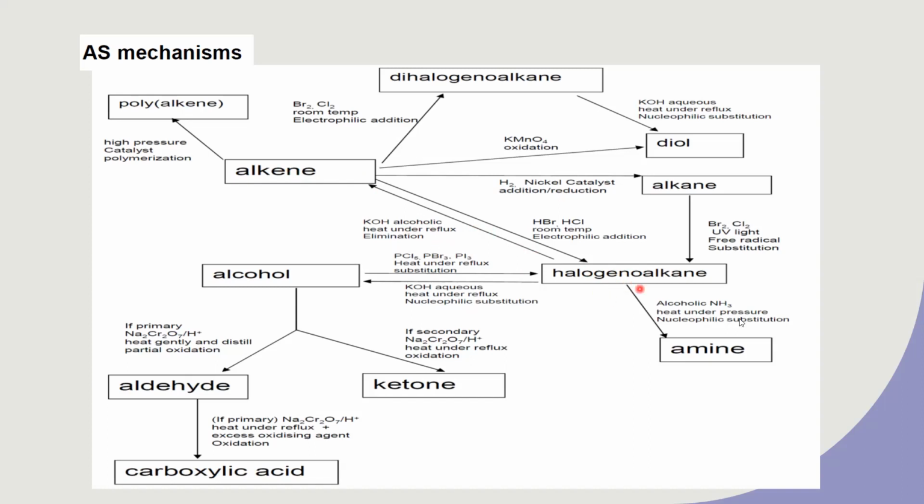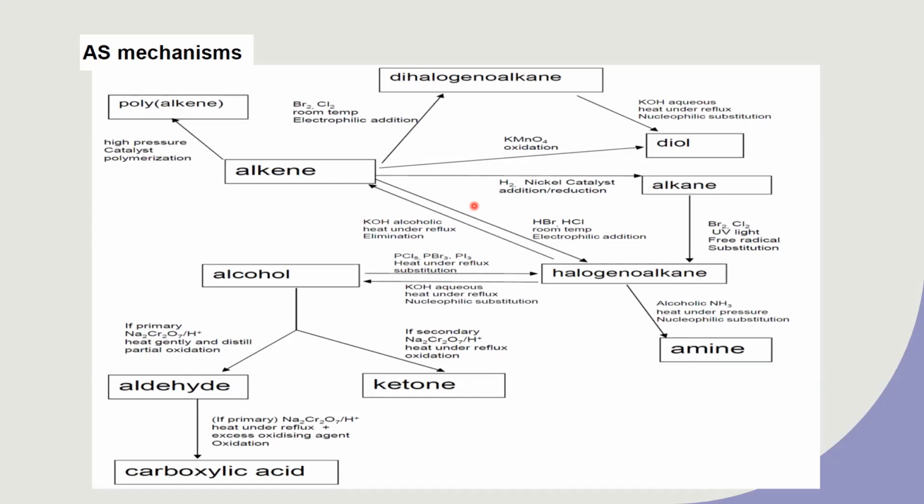If a halogenoalkane reacts with ammonia, it results in the formation of an amine, and the reaction is nucleophilic substitution. A halogenoalkane can be converted into an alcohol by reacting with aqueous potassium hydroxide, or an alcohol can be converted into a halogenoalkane by reacting with either PCl5, PBr3 or PI3 when we heat under reflux, and the reaction is a substitution reaction.